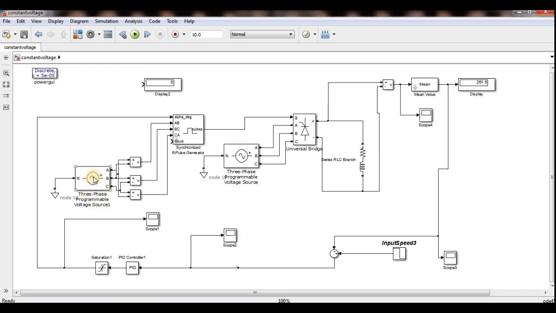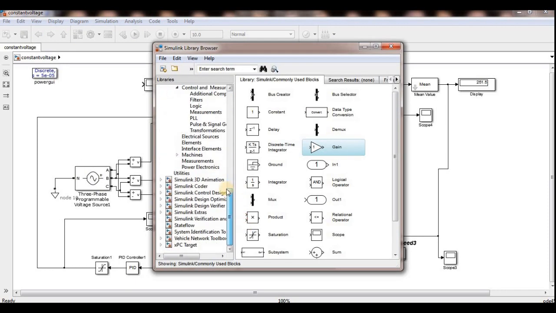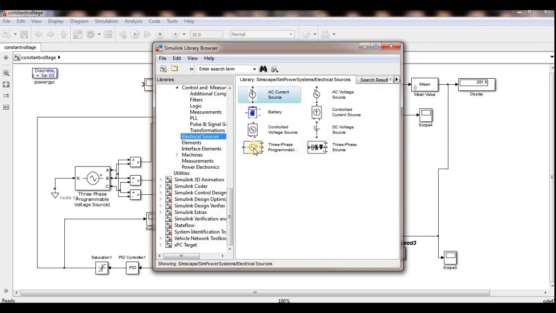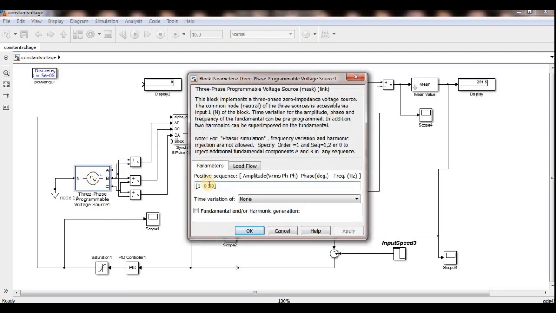In MATLAB two kinds of sources are there: this is the programmable source and this is the 3-phase source. What problems we will face if we take 3-phase sources, I explained in my previous video. So I took this programmable voltage source, but the magnitude is only 1 volt, and the frequency is exactly my source frequency.